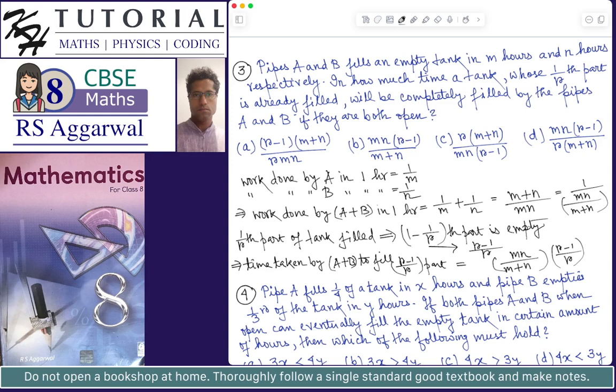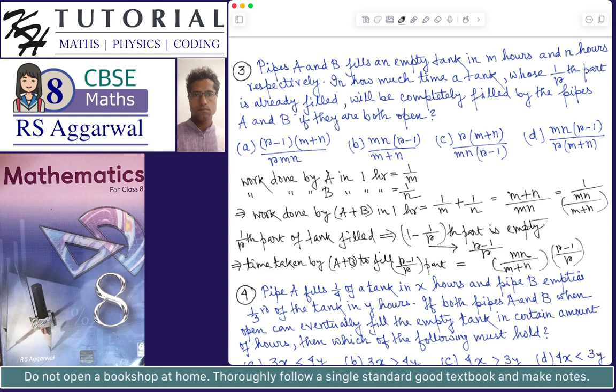Time taken by A plus B to fill r minus 1 by r part will be equal to r minus 1 by r multiplied by the time it takes A plus B to fill the complete tank, which is mn divided by m plus n.